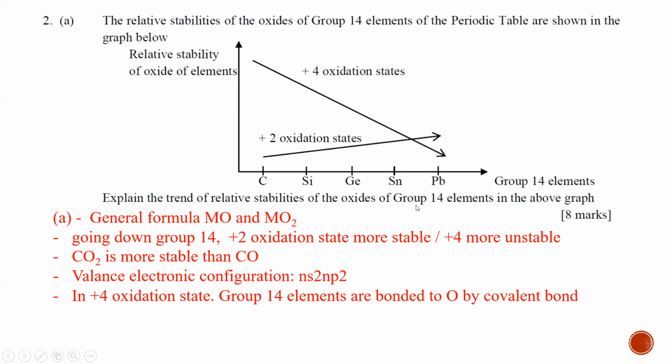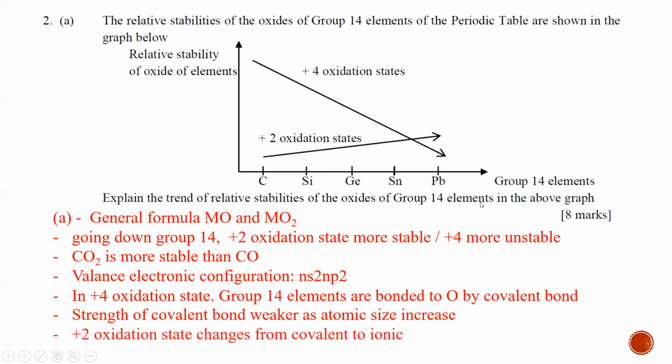So in the +4 oxidation state, group 14 elements are bonded to oxygen by covalent bonds, and the strength of the covalent bond becomes weaker as the atomic size increases. Furthermore, lead's +2 oxidation state changes from covalent to ionic due to the inert pair effect. So lead has an extremely stable +2 oxidation state due to the inert pair effect.